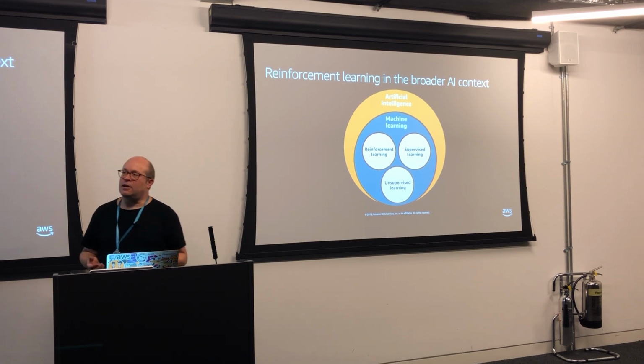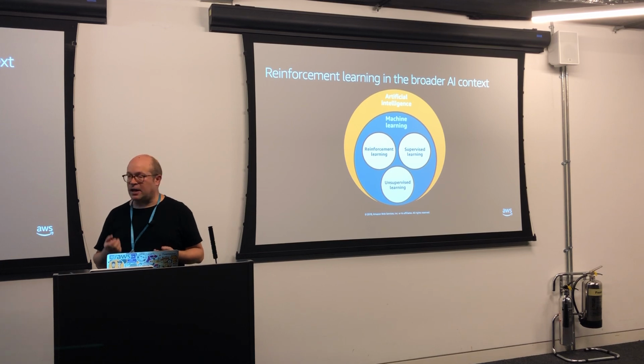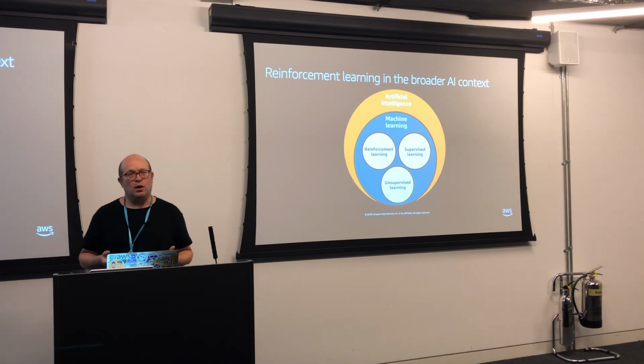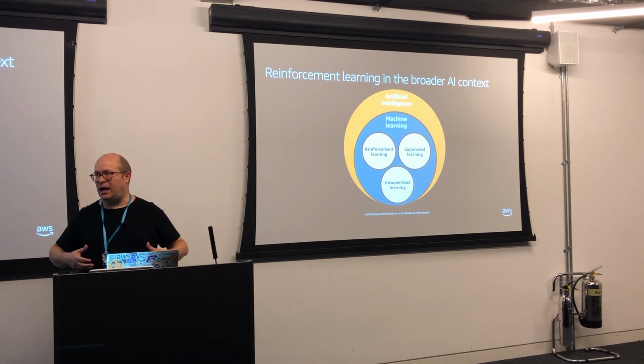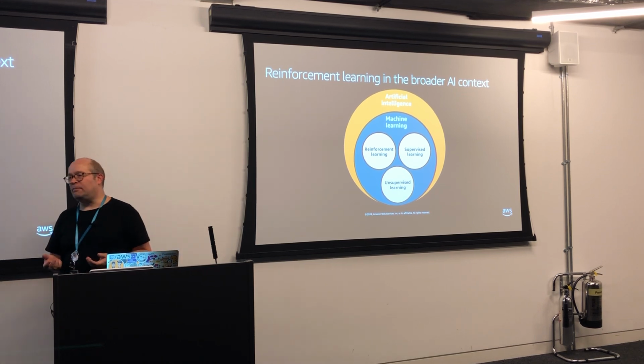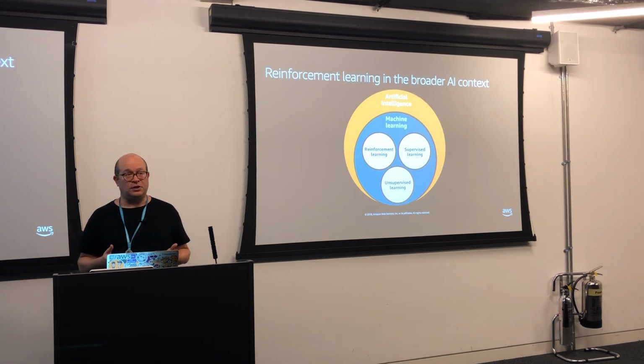So when we look at machine learning, there are broadly these categories. We have supervised learning, unsupervised learning, and reinforcement learning. You're probably more familiar with the terms supervised learning and unsupervised learning, where supervised learning is where you have a data set that's labeled. For example, if you've got a collection of pictures, they might be labeled as to what the picture is. So you might have a collection of pictures that says this is a cat, this is a dog.